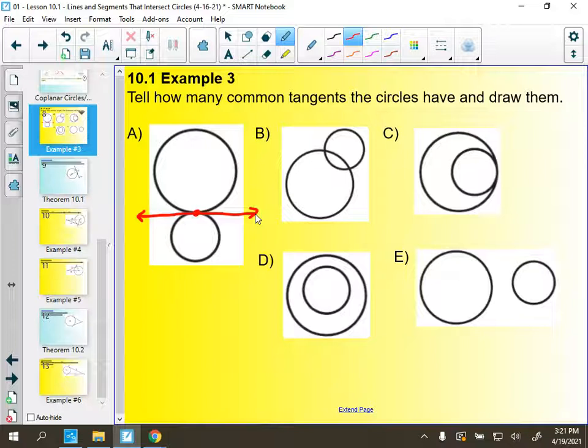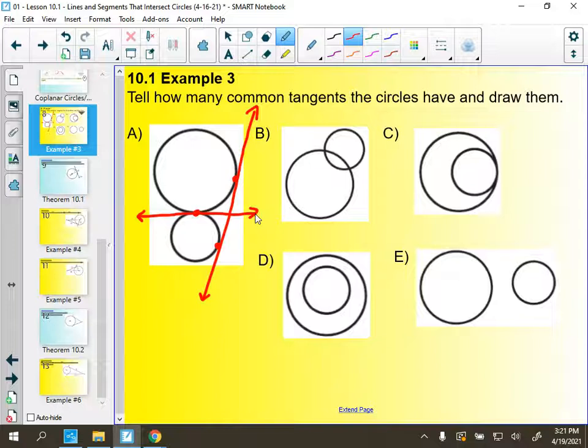Hopefully we're looking at this one saying, I think there's a few more actually, right? If I were to drop this, and I'm doing the best I can to make it a straight line and not a lot of curves in it, that line is meant to just graze here and here. That's a second common tangent.